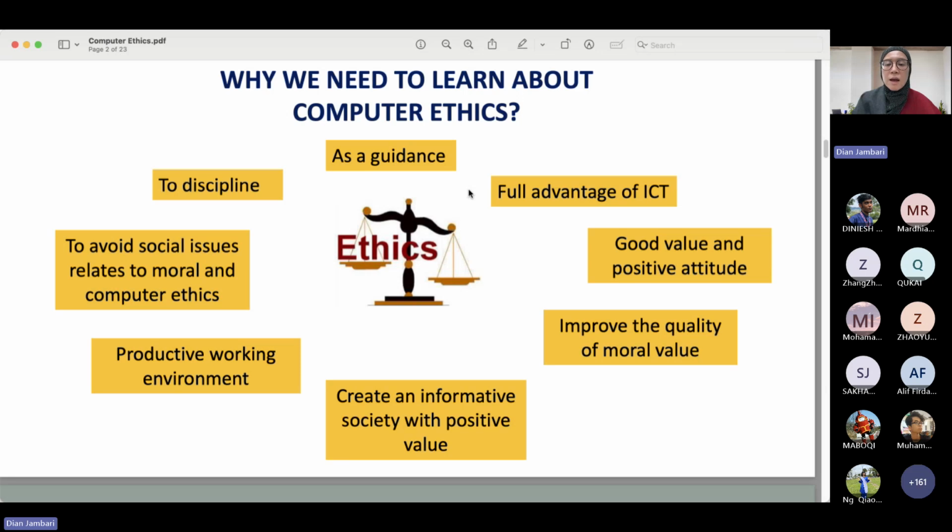Professionally, we are IT professionals, which means that our behavior, how we think, and how we take action is very much within the norms of how computing or IT works. As human beings who are part of this community of computer experts, we need to make sure that we have good values and a positive attitude among our community of computing experts.